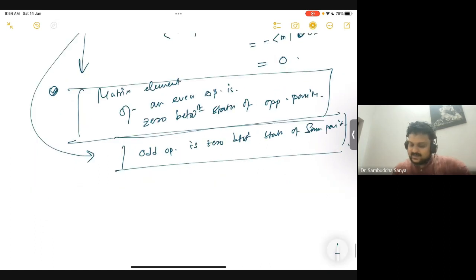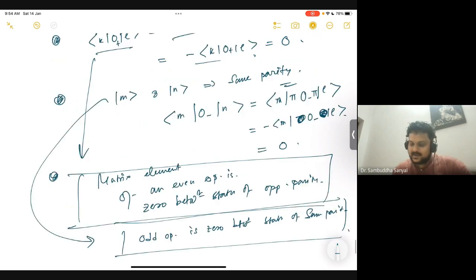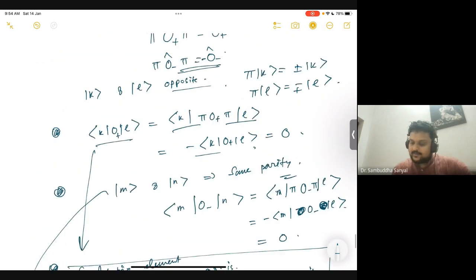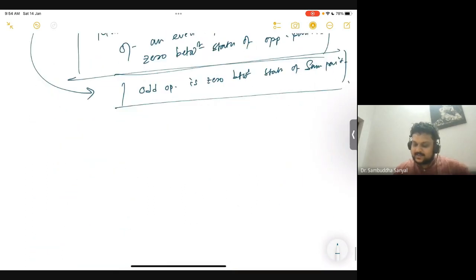So this gives you a selection rule. It tells you that you cannot go from this state to this state under the action of this operator. Why are these matrix elements important? Because if I start with a state K, this tells you how I can go to L by the action of this operator. So under the action of this parity operator, you cannot go to that state.